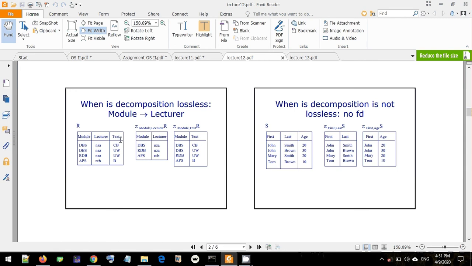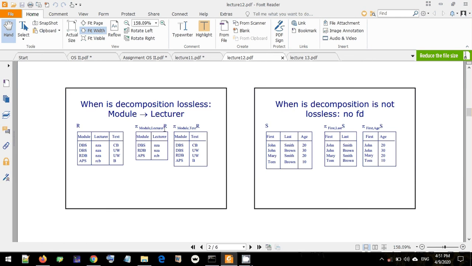So we have two dependencies here. The best way to remove this dependency is to have a projection. We are going to project R on module and lecturer, and equally project R on module and text. So it gives us two new relations: module lecturer, and module text.